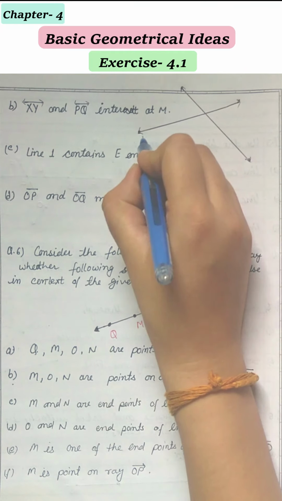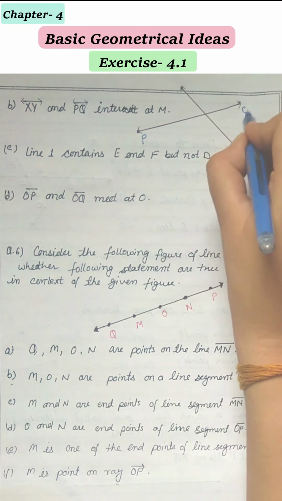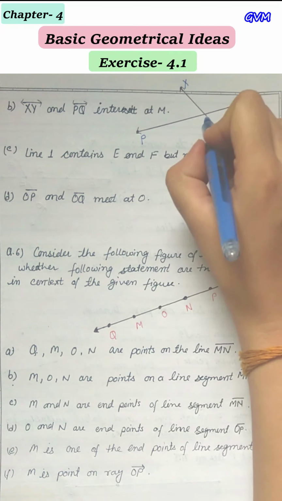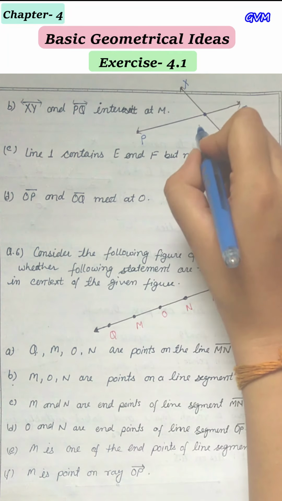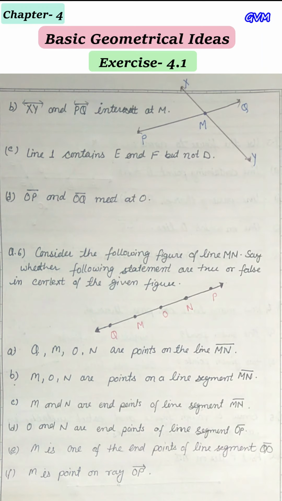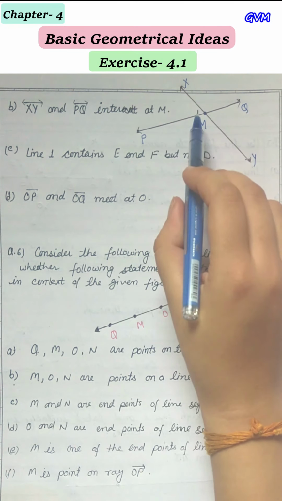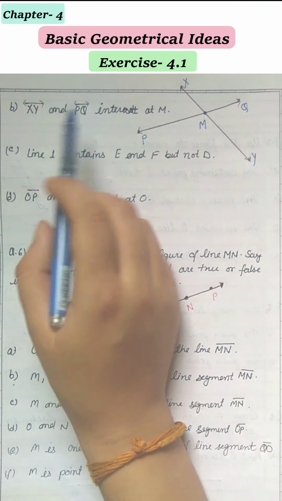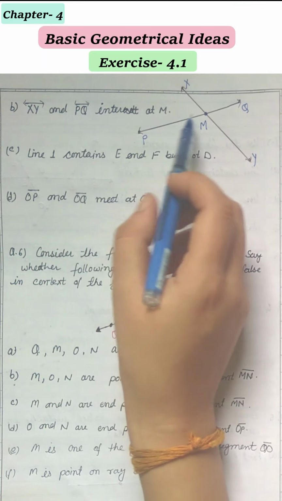Let's say this line is PQ and this line is XY, and let's name the intersecting point M. So this is the figure of B, which is saying line XY and line PQ intersect at M.